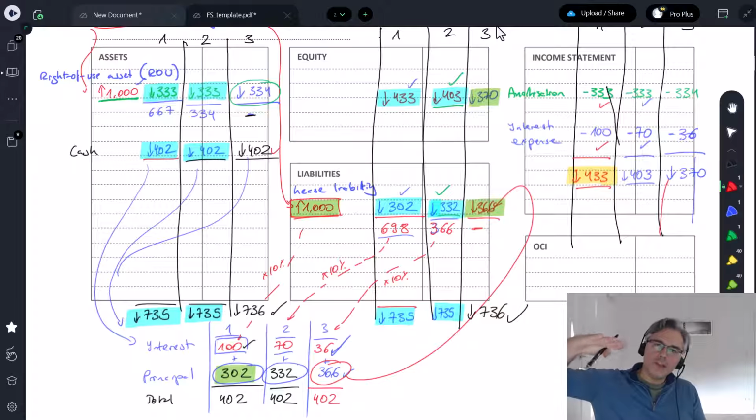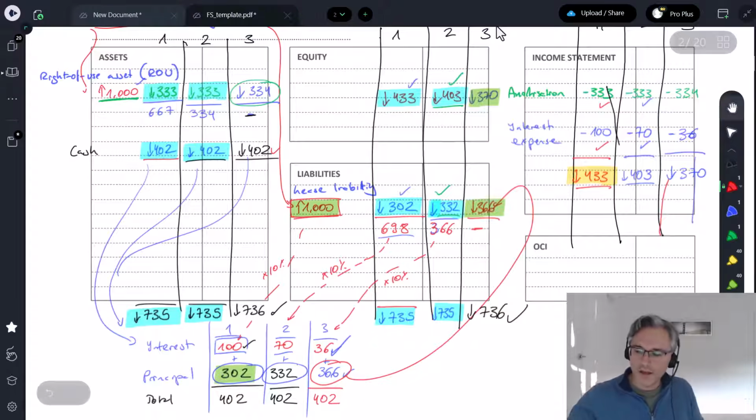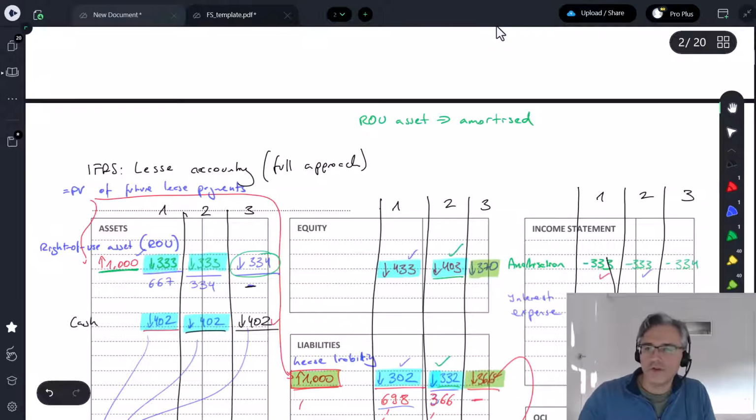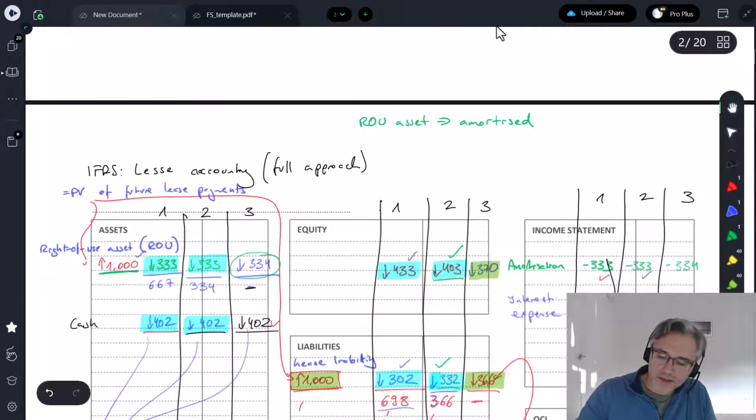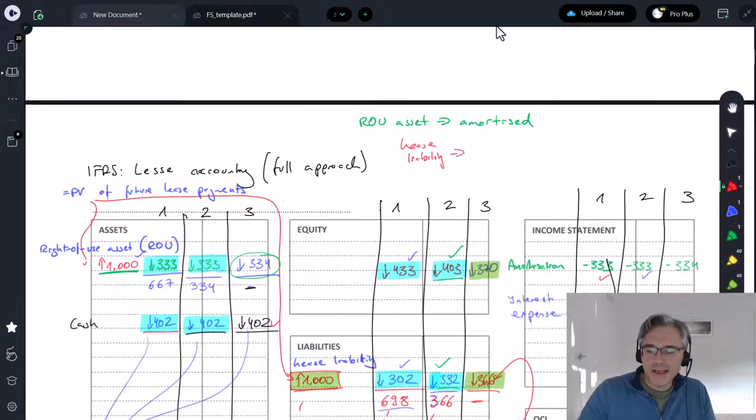Over time, both the asset and the liability drop down to 0, but they don't do it in the same way. The asset is subject to amortization, whereas the lease liability, well, here you need to apply the so-called effective interest method.